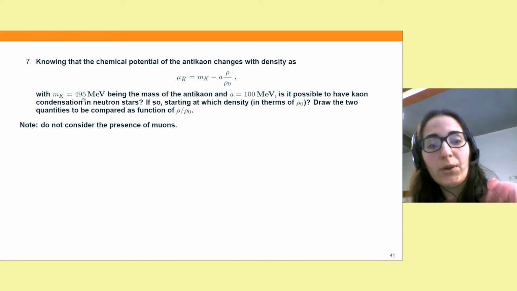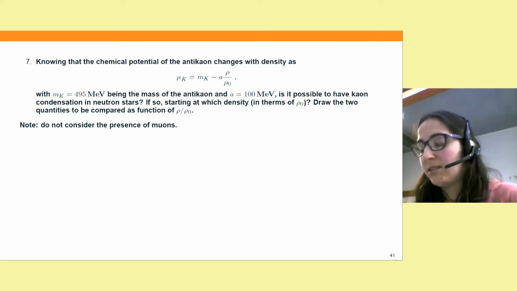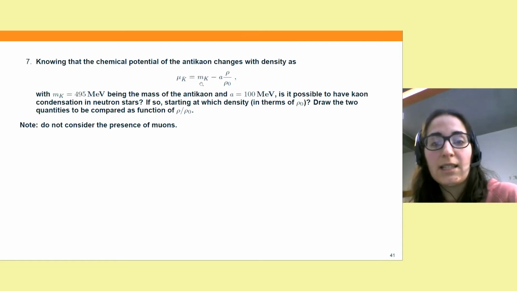But we will see this afternoon that when kaons are in matter, they feel attraction. So the chemical potential, because of this attraction, reduces. And the exercise tells us to consider that it decreases from its value at zero density.